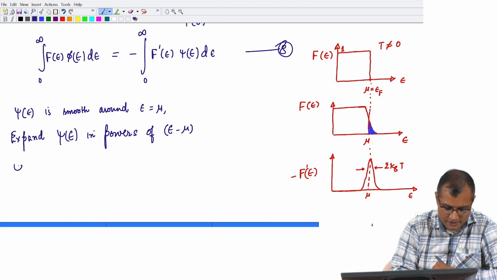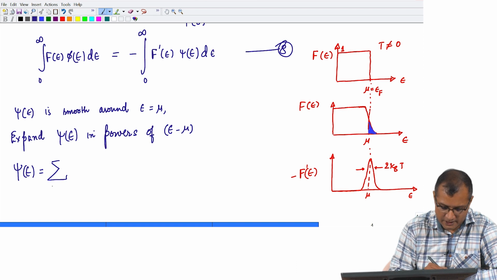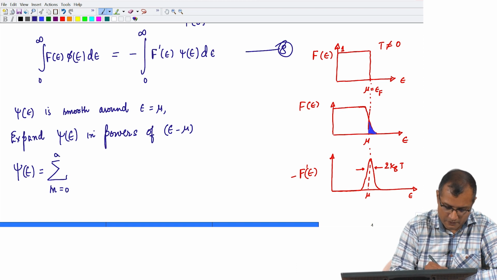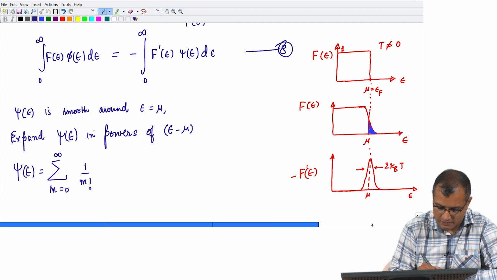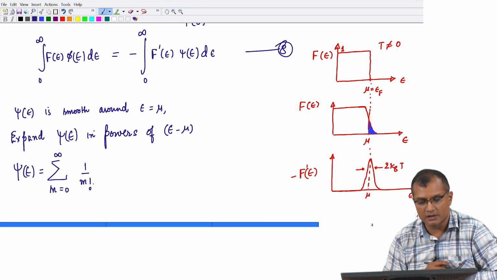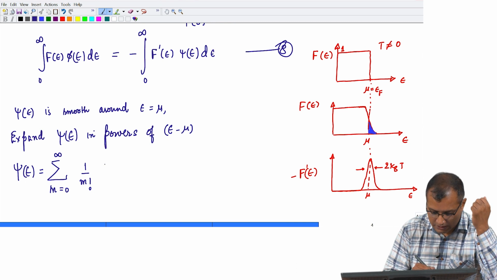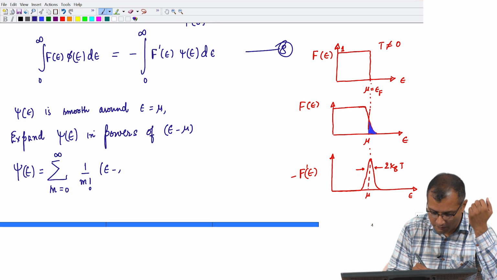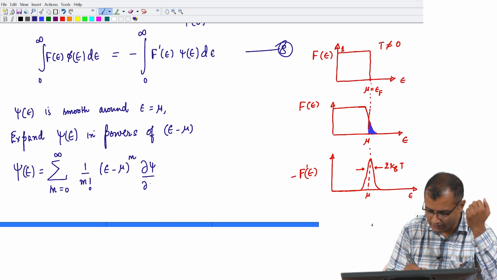I can write down psi of E as a summation, like a Taylor series. So, summation m going from 0 to infinity, 1 upon m factorial, just a Taylor expansion of psi around E equal to mu. You can write E minus mu to the power m into the mth derivative of psi with respect to E at E equal to mu.